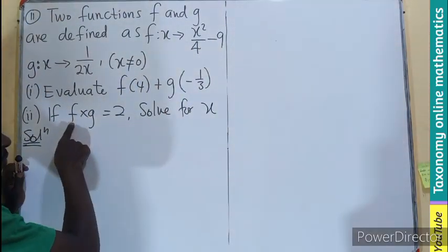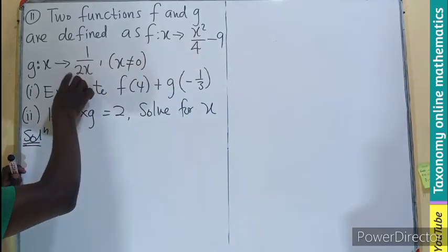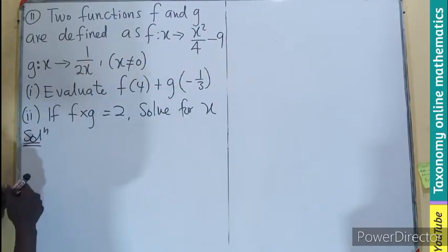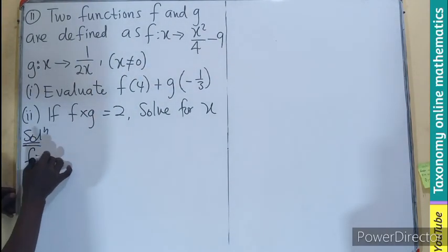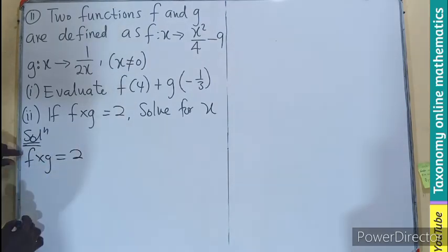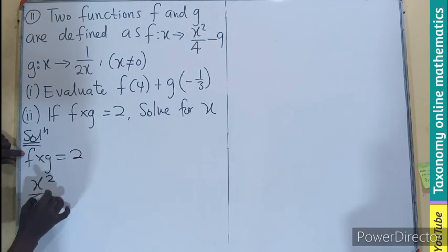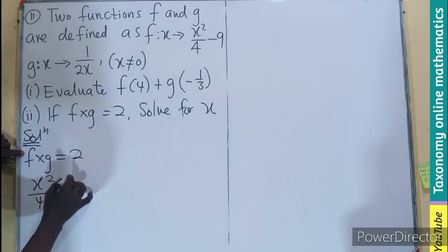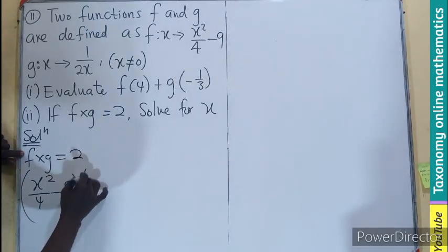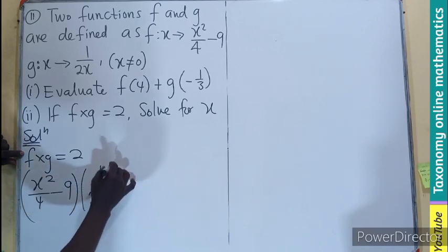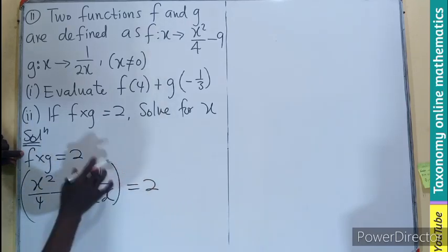The function of f is multiplying the function of what? g. So f times g equals 2, meaning x squared over 4 minus 9 is multiplying 1 over 2x, and the result will be 2.